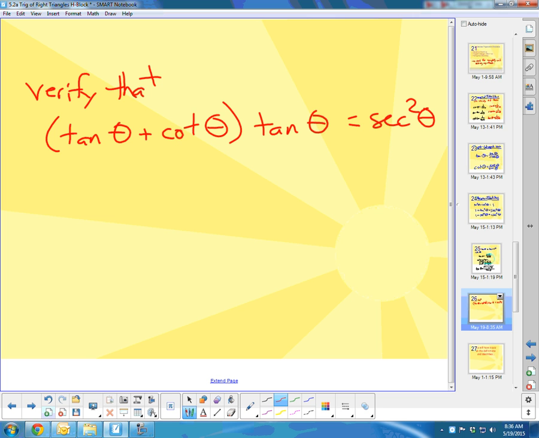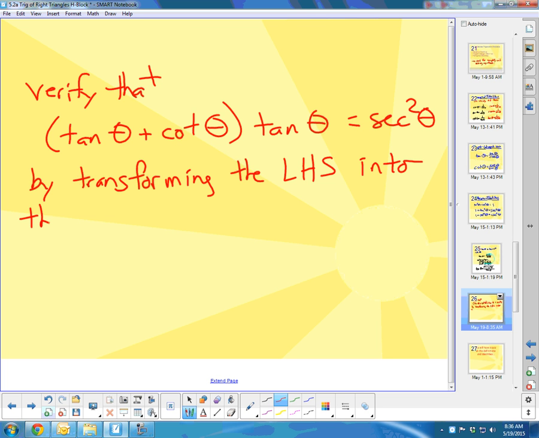Sometimes it will say it, but sometimes it doesn't, but the implication is by transforming the left-hand side into the right-hand side.